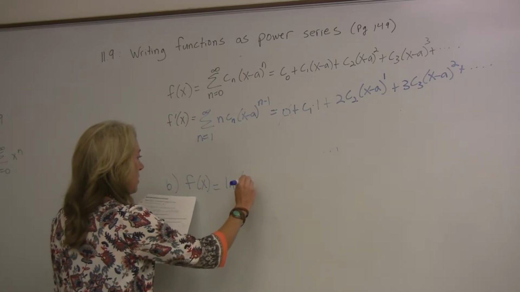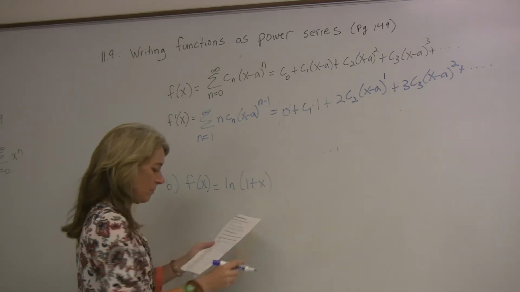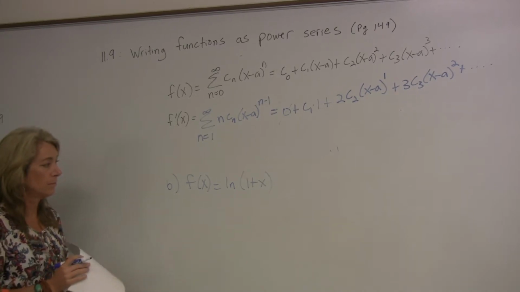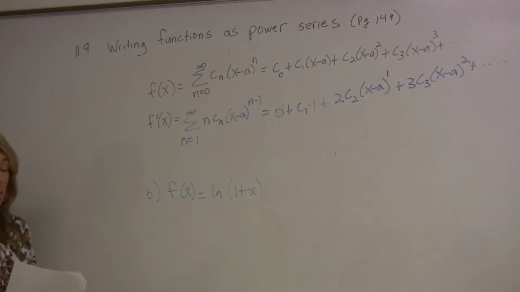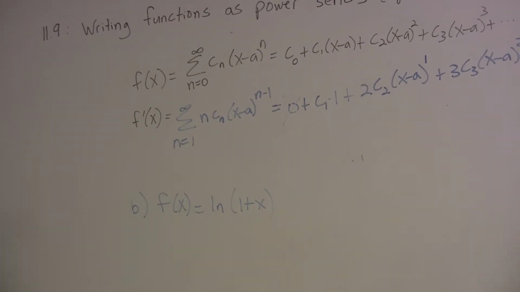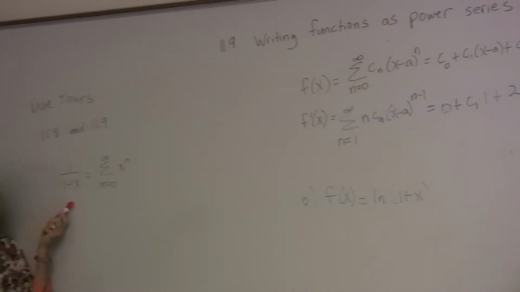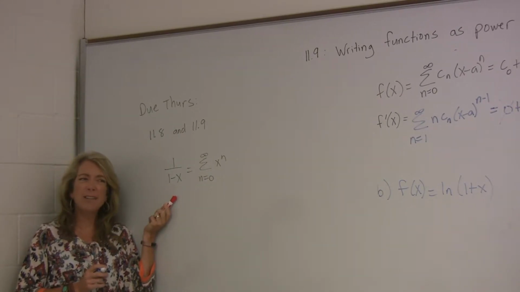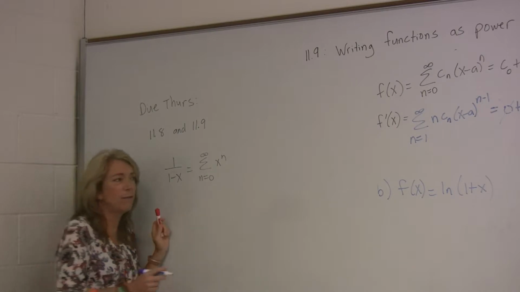Natural log of 1 plus x. I want to turn it into a power series. The only way I know how to turn it into a power series is to make it look something like this. Let's take the derivative, because we take the derivative of a natural log.